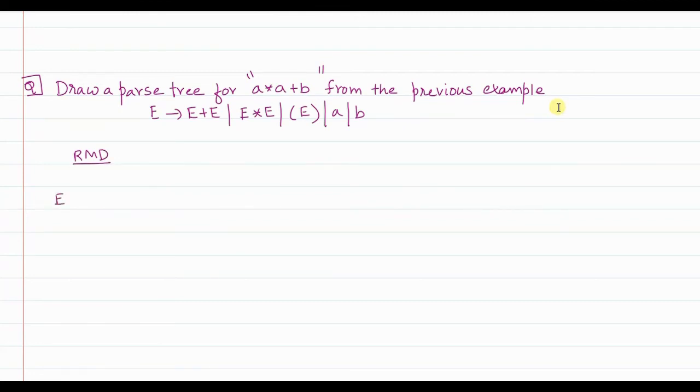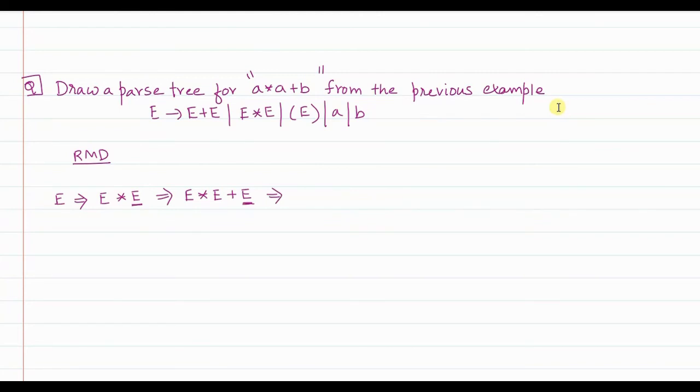If I start with E, one of the rightmost derivations I will write because we already know it. I start from E into E. Then this E is replaced, and what I get is E into E plus E. This is the rightmost element that is to be replaced.